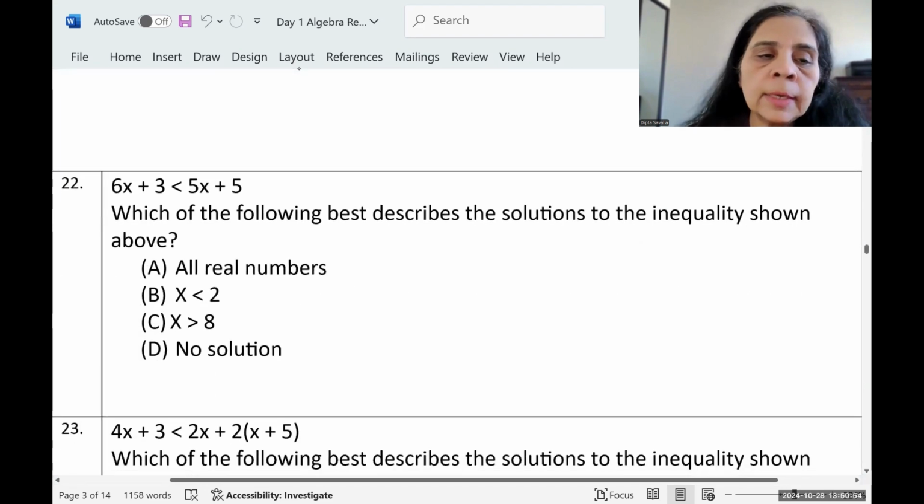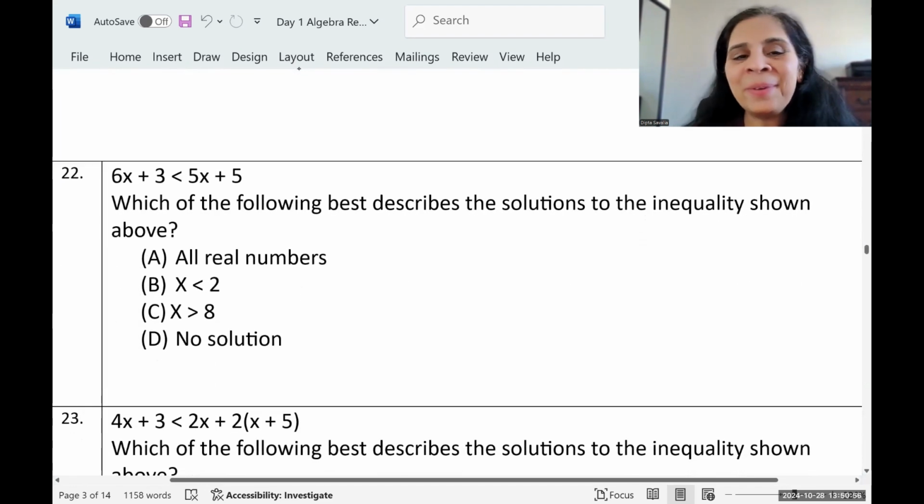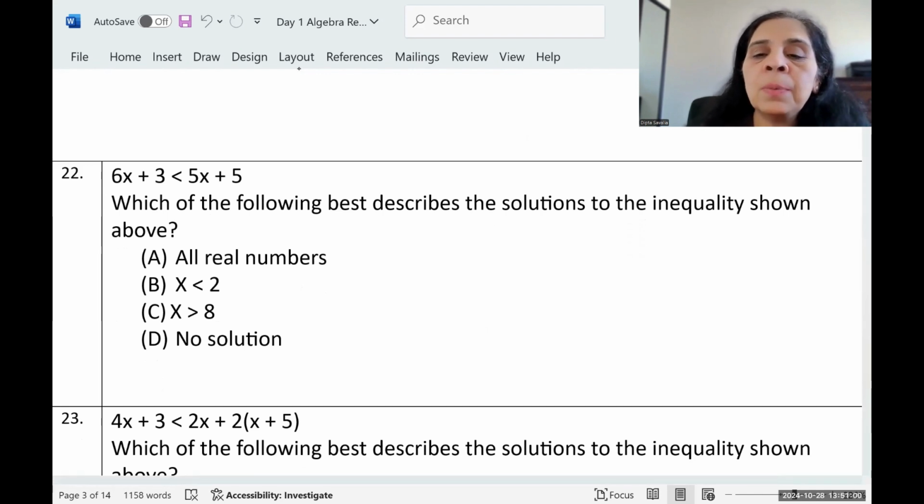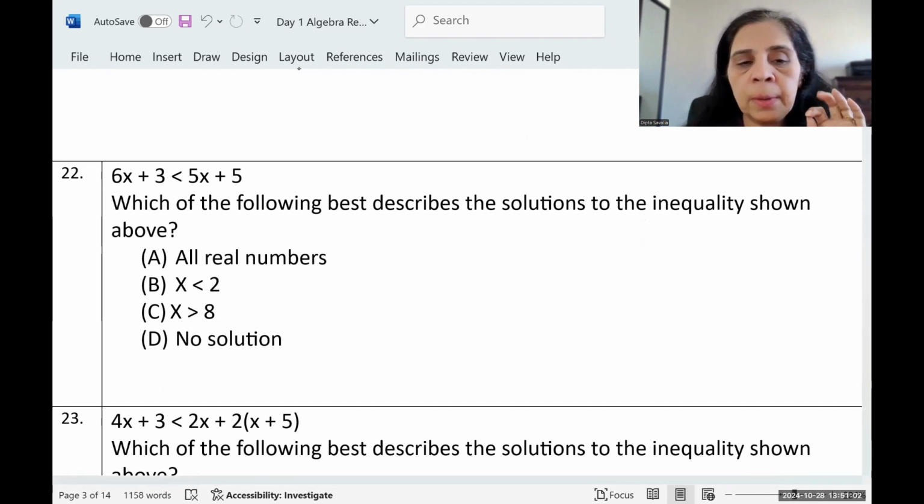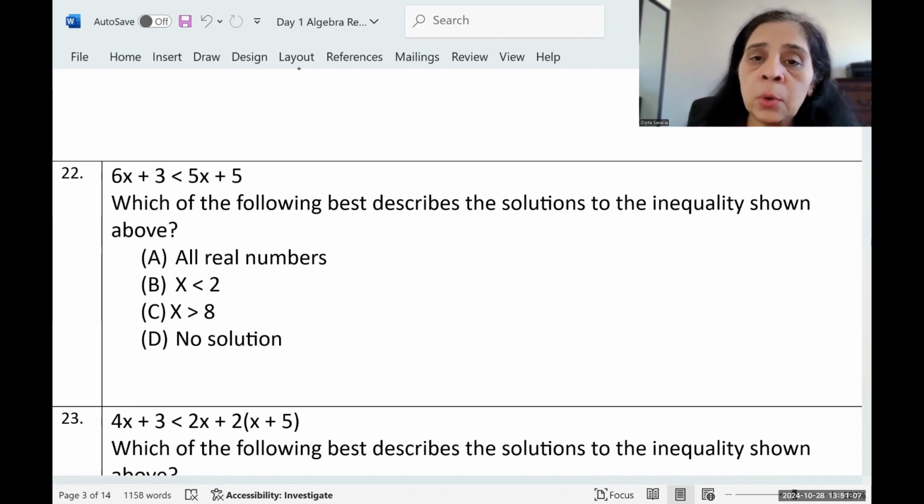All right, let's see number 22. Now we have an inequality. All right, same process. When you try to solve an inequality or equation, remember this concept. We will use this concept again in systems of inequalities and systems of equations.